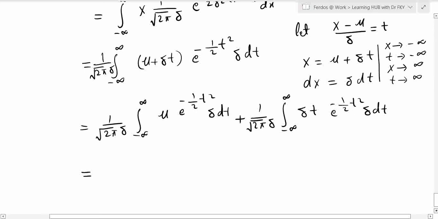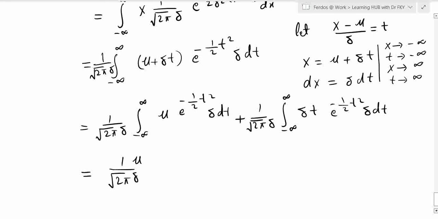You can see now that this you can write as 1 divided by 2 pi sigma, and you can write mu and sigma outside because they are constant with respect to t.